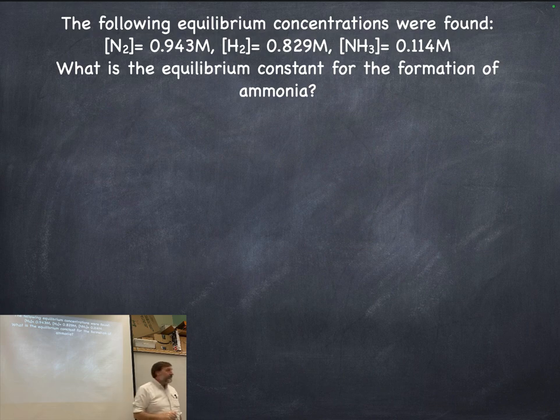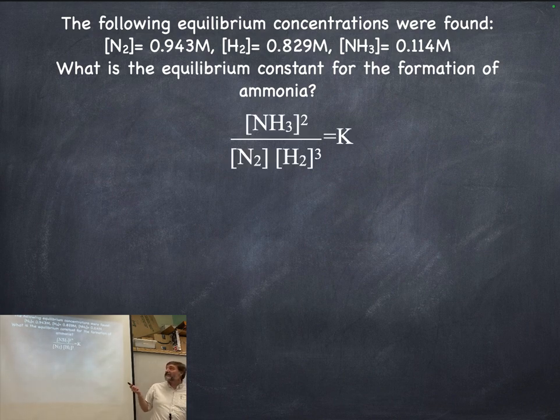All right. So in the example box, let's do that. Let's take a look. It is products over reactants. That's on the useful equation sheet. Make sure that you have this down.